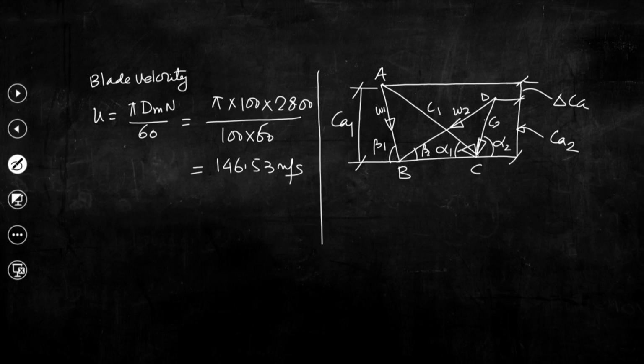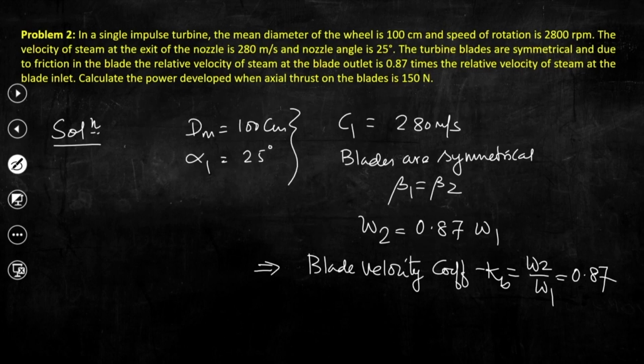Now, as I had mentioned, we can use the relation tan beta 1 equal to C1 sin alpha 1 divided by C1 cos alpha 1 minus u. C1 is already given, 280 meter per second.